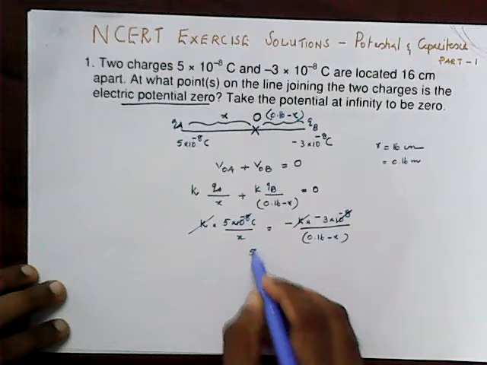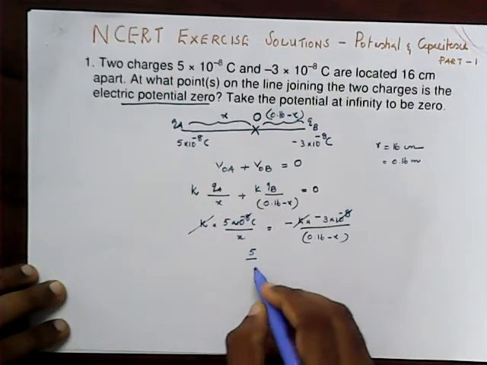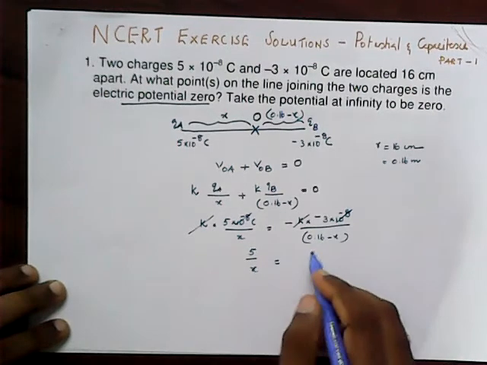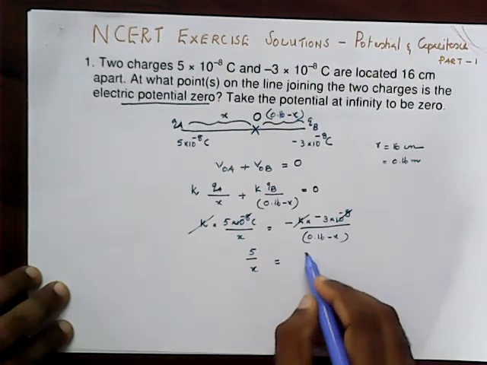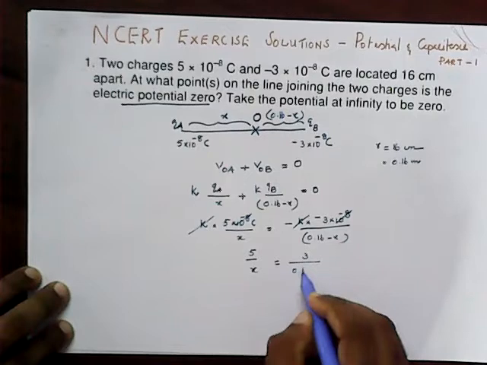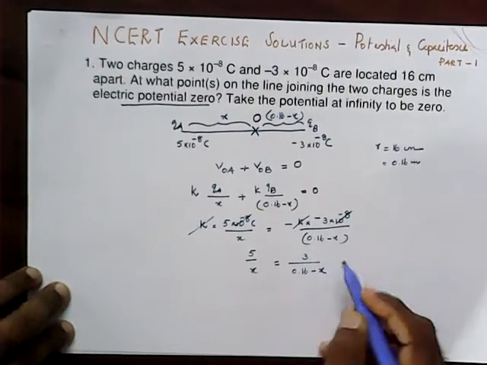So you will get the value 5 by X is equal to 3 by 0.16 minus X.